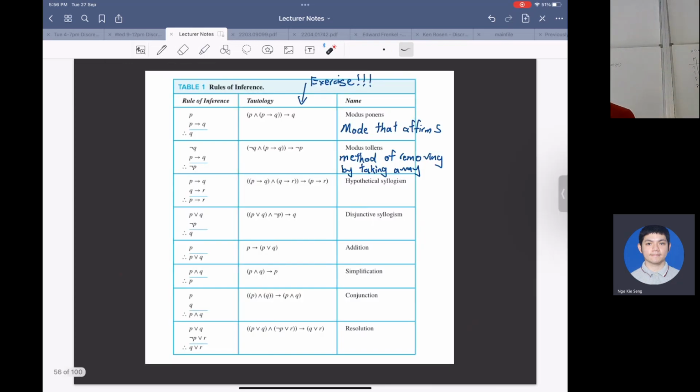And then next, this is very, very, very important in proofs.